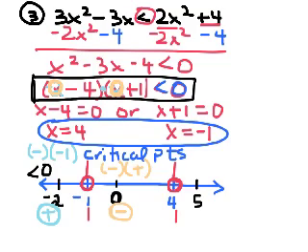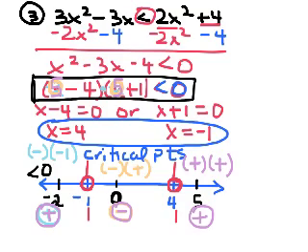Then I'm going to try 5. So I'll put 5 in. 5 minus 4 is a positive, times 5 plus 1 is a positive. Positive times a positive is a positive. Notice how the signs switch. Positive, negative, positive. That happens most of the time unless you have a double root or something.